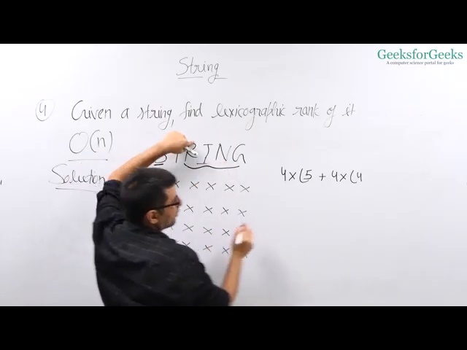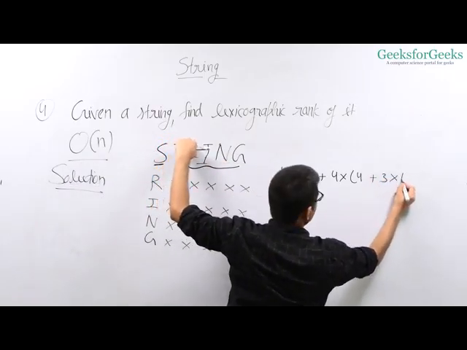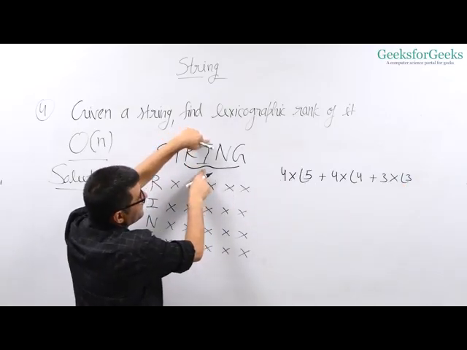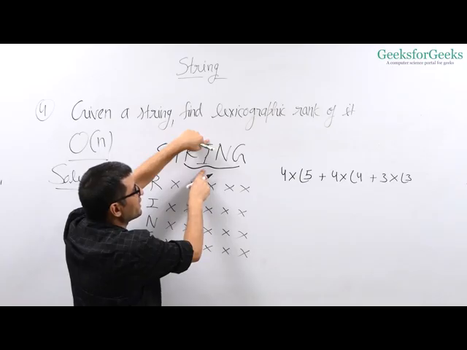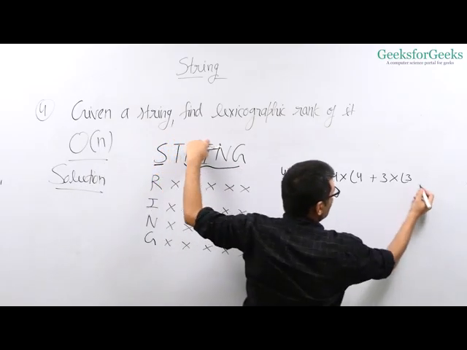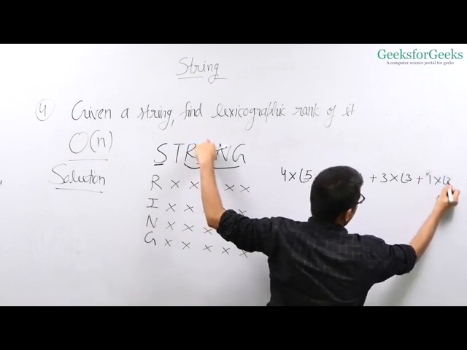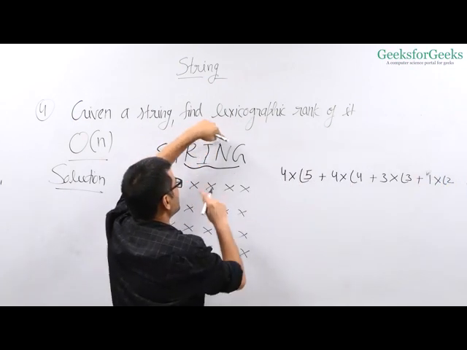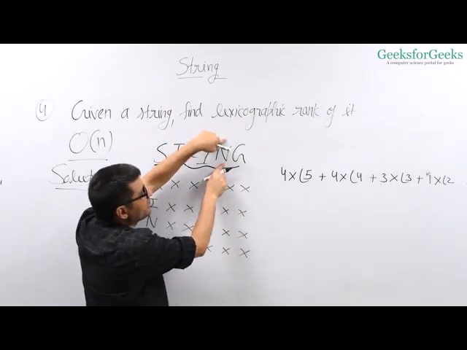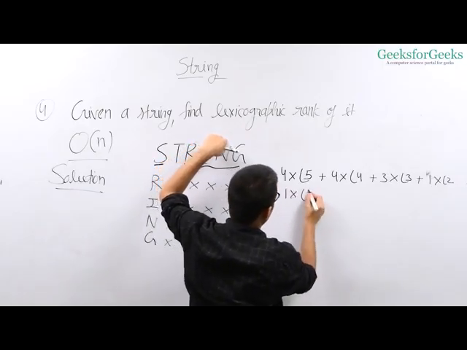There are 3 characters smaller than this, so I have 3 into factorial 3. When I come to I, I see that there is only 1 character which is lexicographically smaller than this, so I have 1 into factorial 2. When I come to N, I see that there is 1 character which is lexicographically smaller than this, so I have 1 into factorial 1.